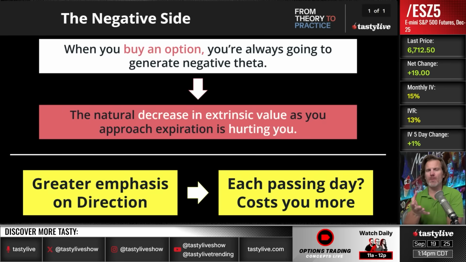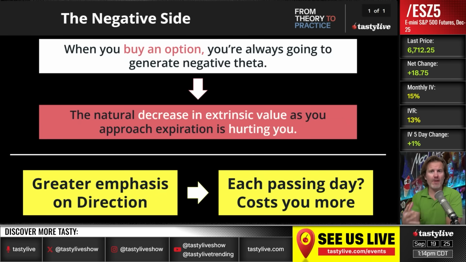So what does that actually mean in practical terms? Well, that means that the hurdle that you have to jump over, the obstacle that's in your way that you have to navigate around in the form of time working against you, it's actually costing you more and more every day you're in the position. Or put another way, if you buy a call or you buy a put, it works on both sides.